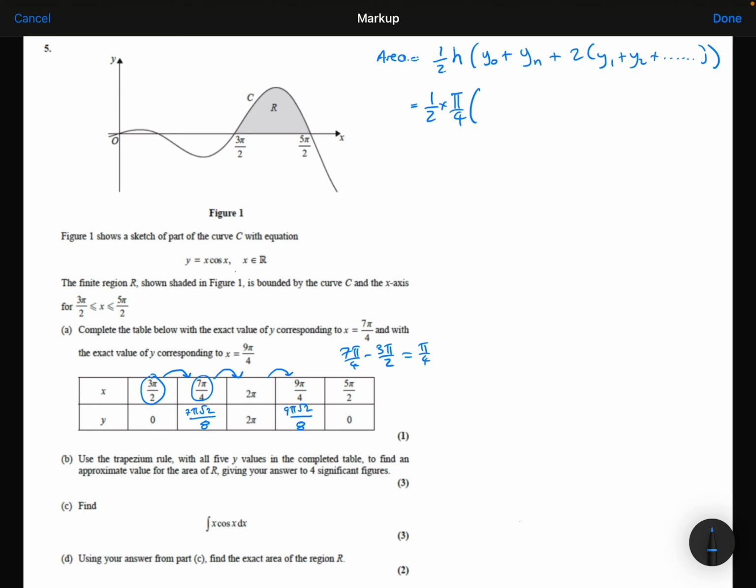Then we have the first value, which is 0, plus the last value, which is 0, plus 2 lots of everything in between. And if we work that out to 4 significant figures, we get 11.91.